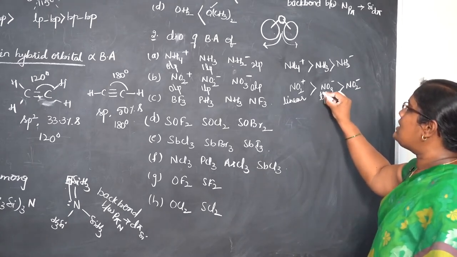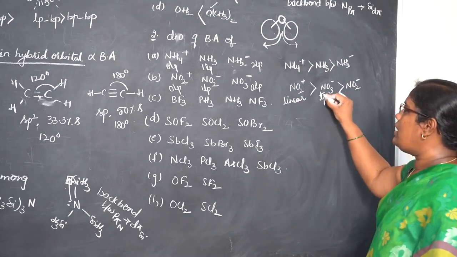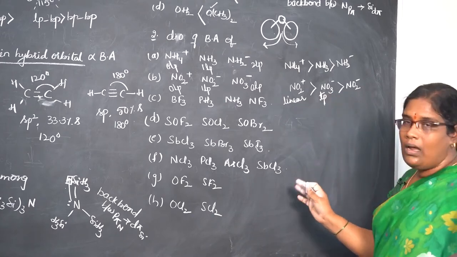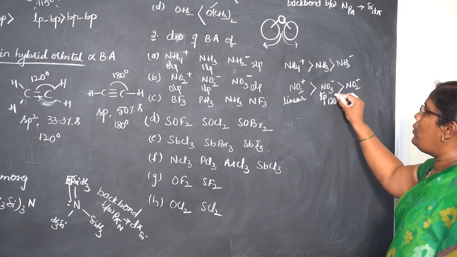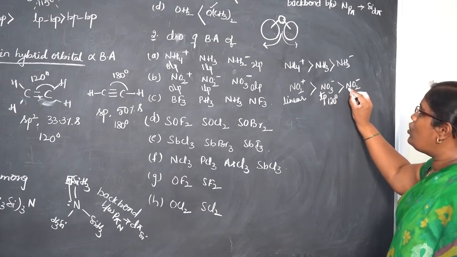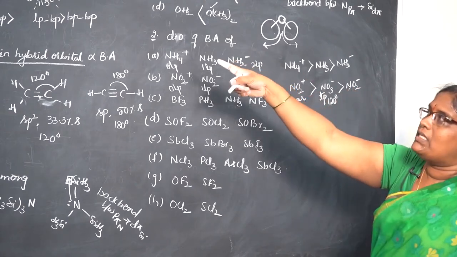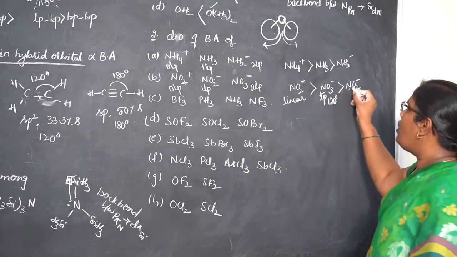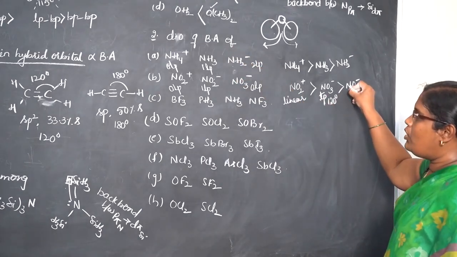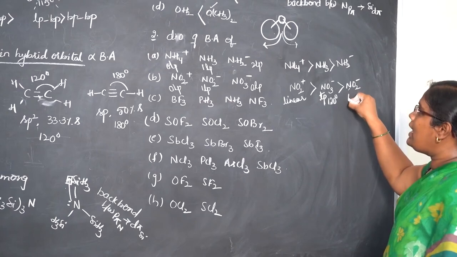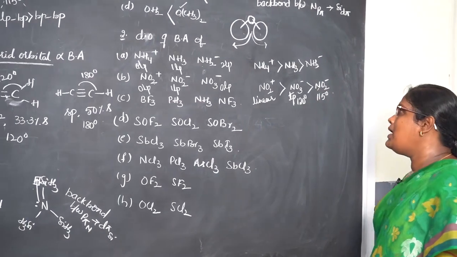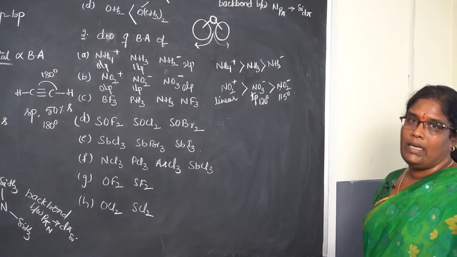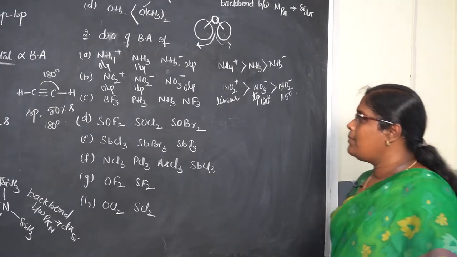NO3- is a trigonal planar molecule. There are no lone pairs here, but since it is trigonal planar, the bond angle is 120 degrees. Now NO2-, already we have discussed the effect there. Because of 1 lone pair, bond angle is decreasing to 115 degrees. NO2+ more than NO3- more than NO2-.